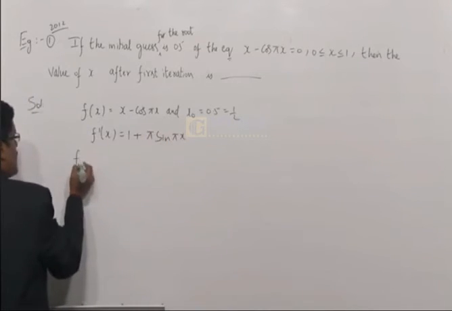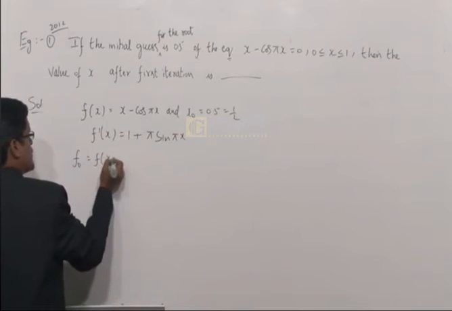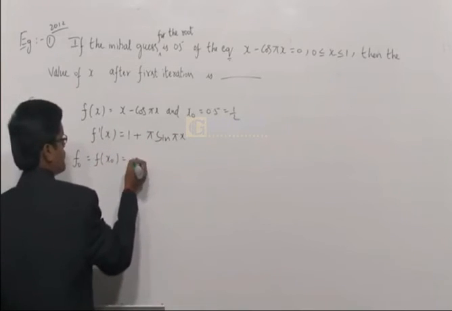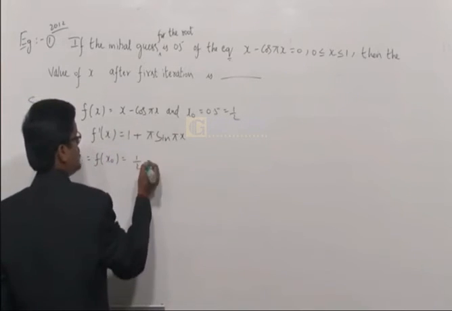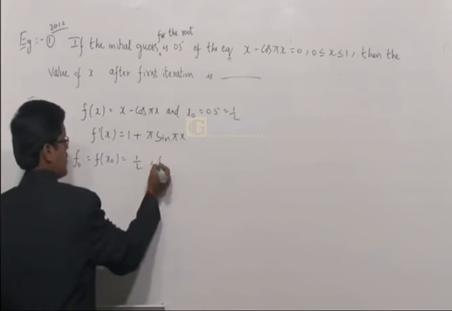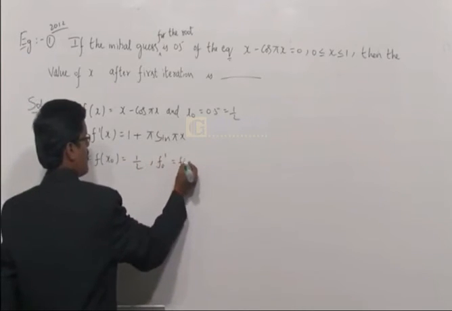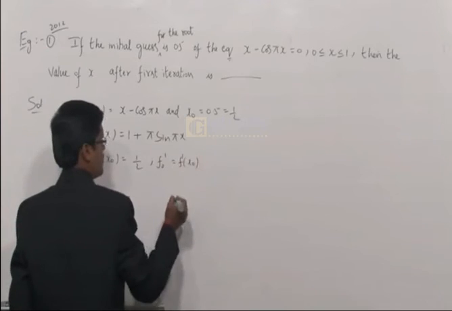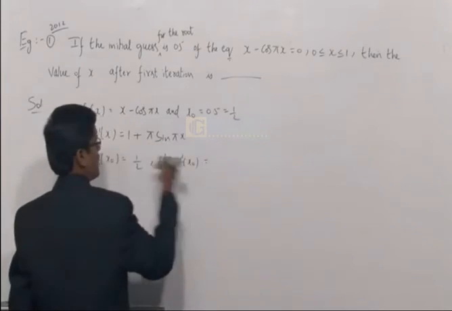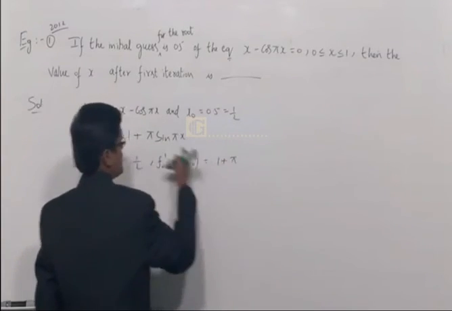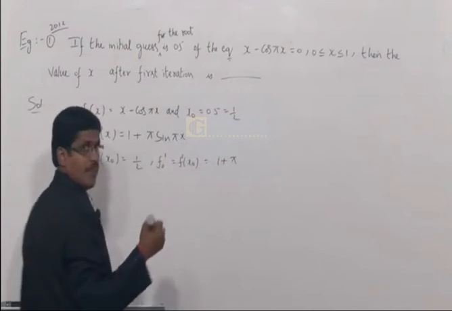Now f naught stands for f of x naught. So substitute here 1 by 2, cos 90 is 0. F naught dash means f dash of x naught. Substitute x naught here: 1 plus pi sine of pi by 2, sine 90 is 1.